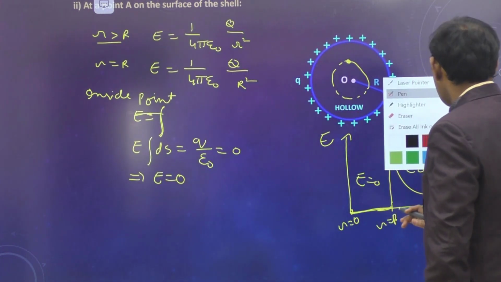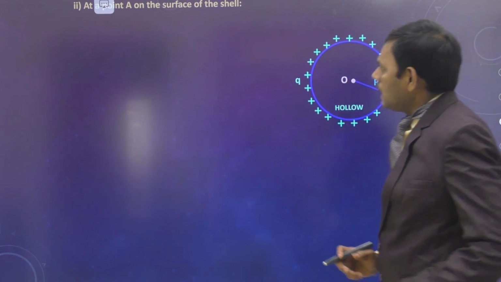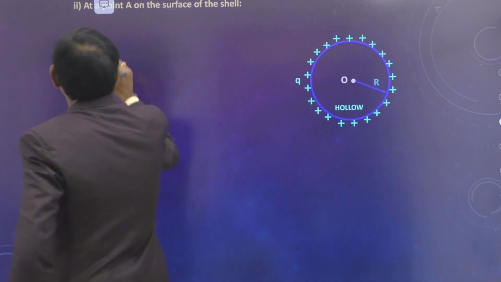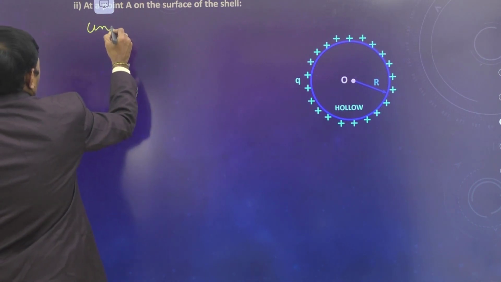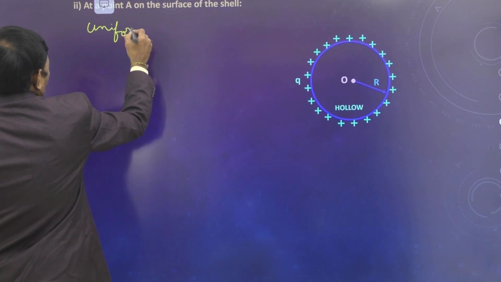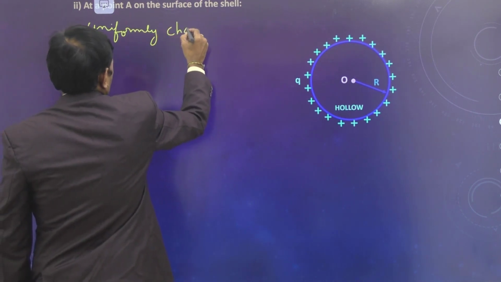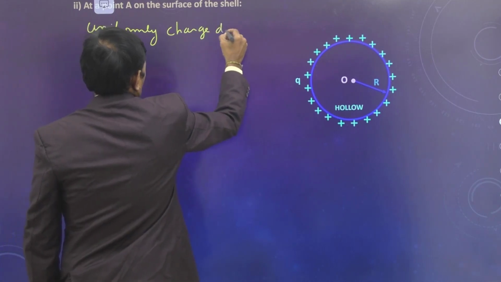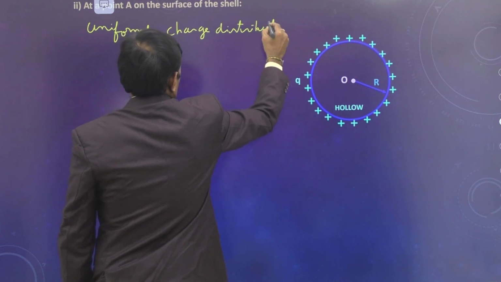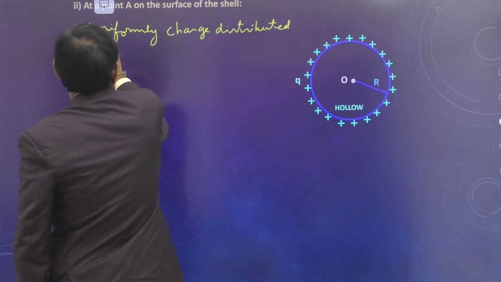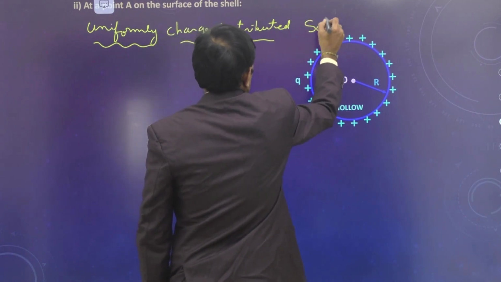And let us find the electric field intensity due to a uniformly charge distributed solid sphere.